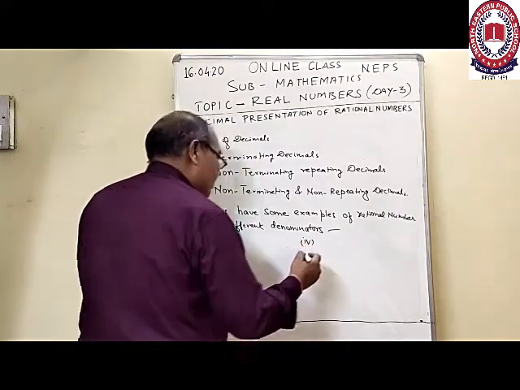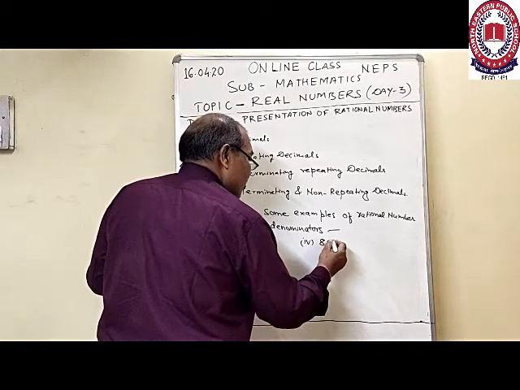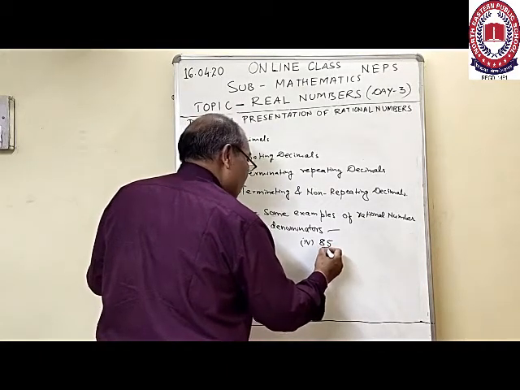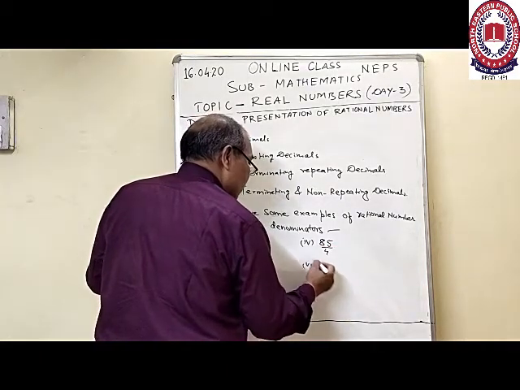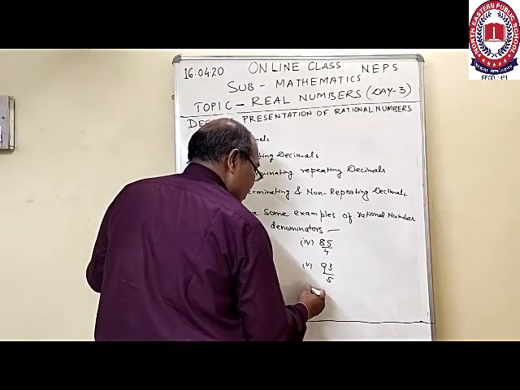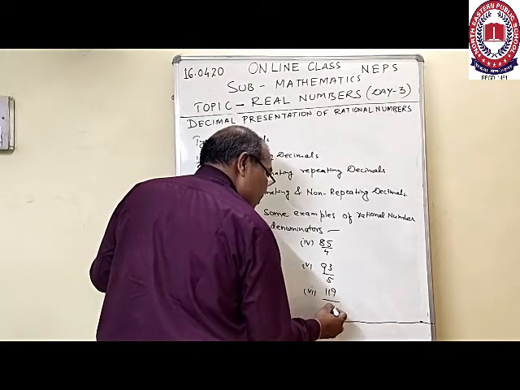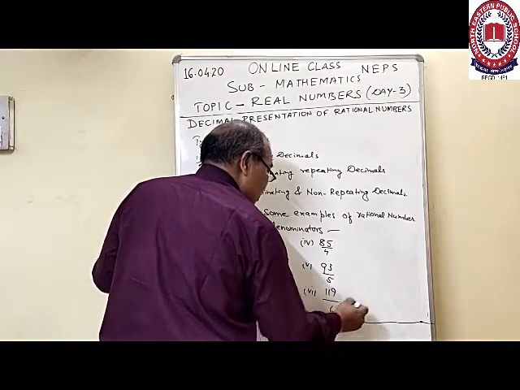Fourth, 85/4. Fifth, 93/5. Sixth, 119/6.